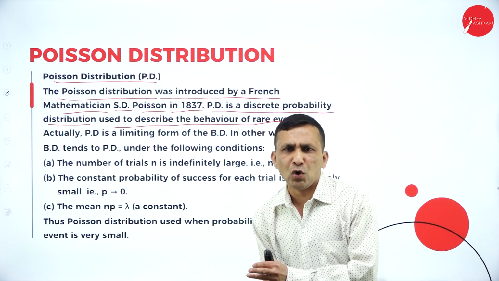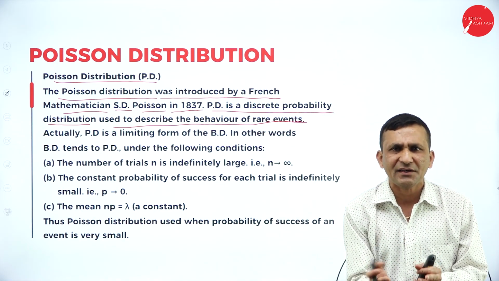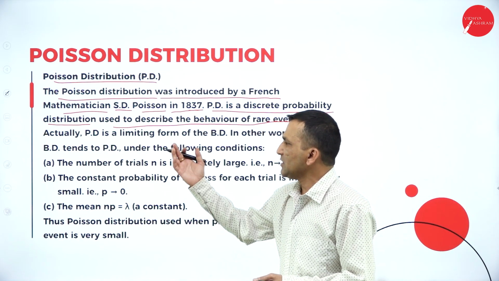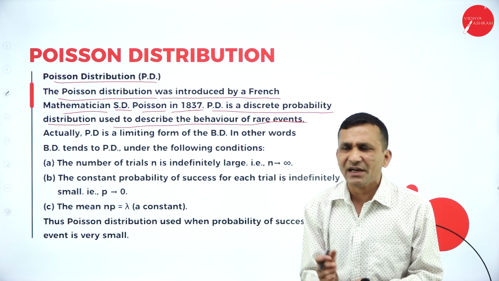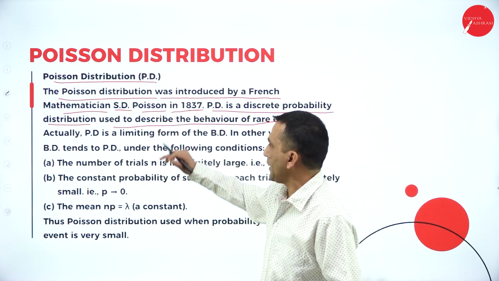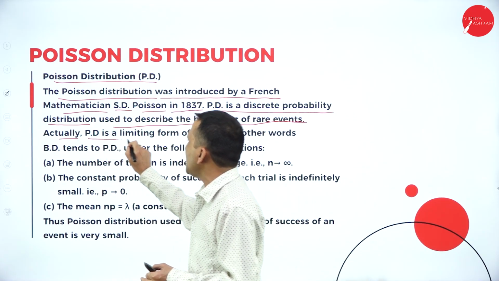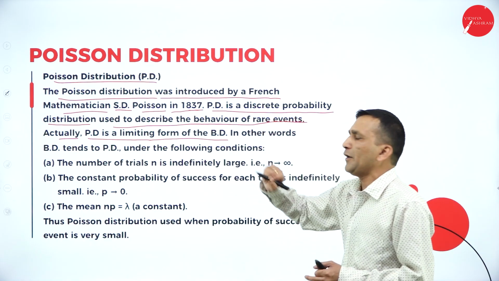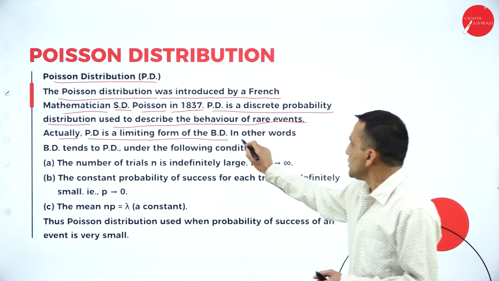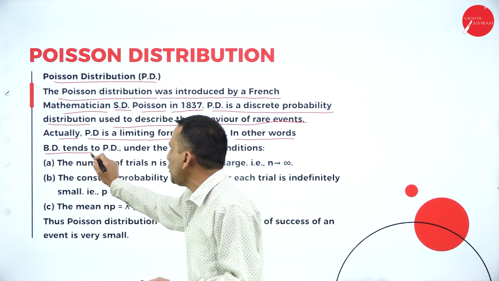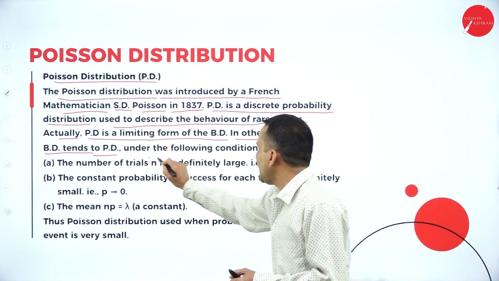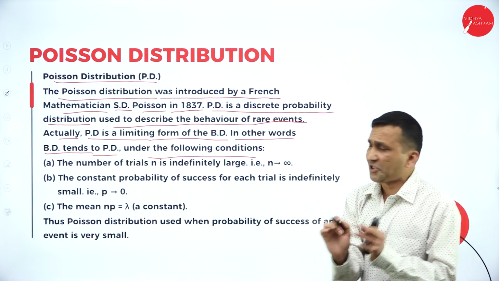For example, a road accident or a defect, or a mistake while typing, is a very rare event. Actually, the Poisson distribution is a limiting case of the binomial distribution. In other words, the binomial distribution tends to the Poisson distribution under the following conditions.